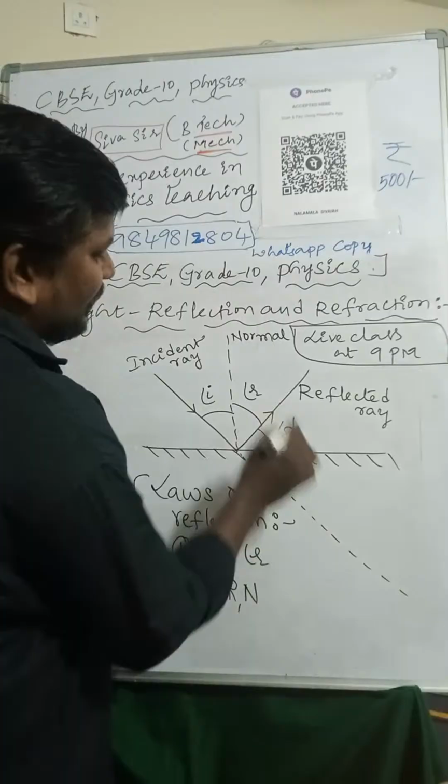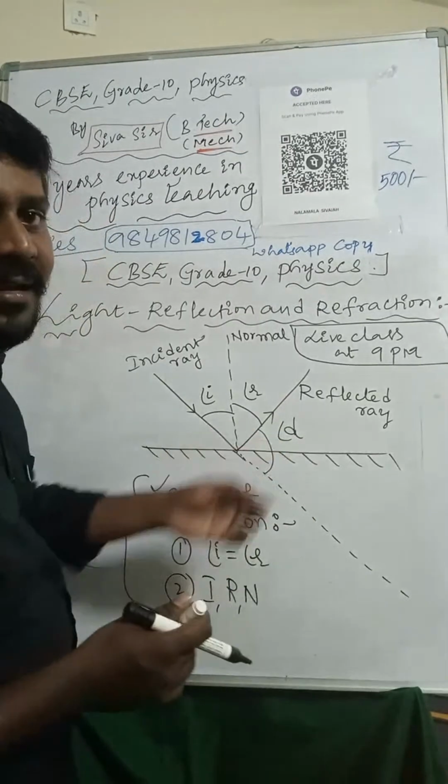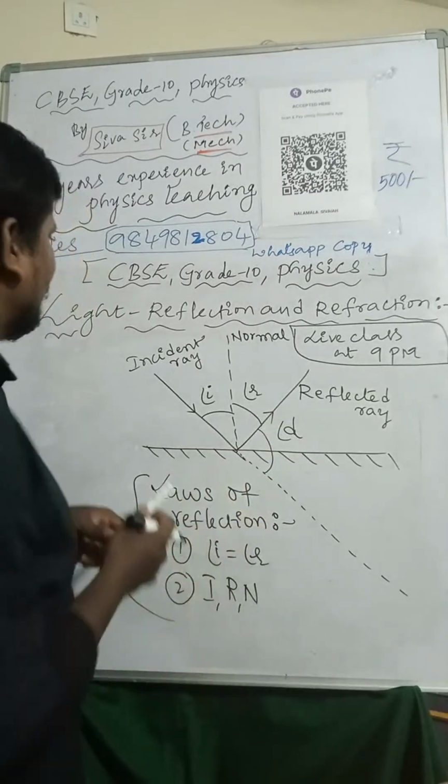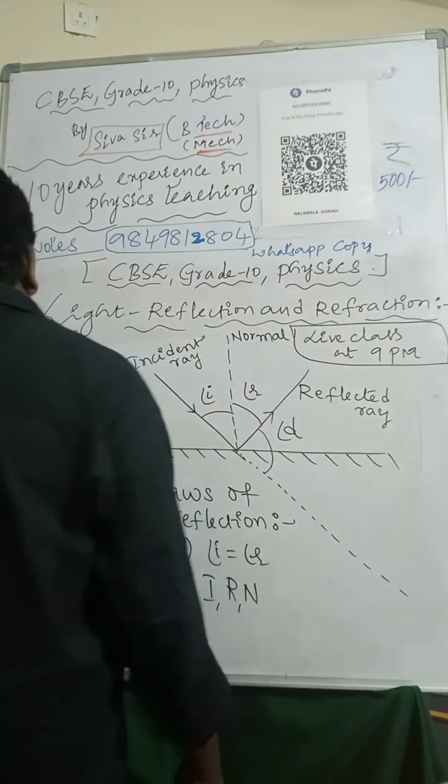The angle between the reflected ray and the undeviated line is called the angle of deviation. I hope it is clear.